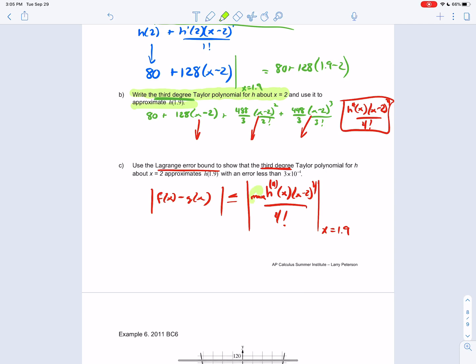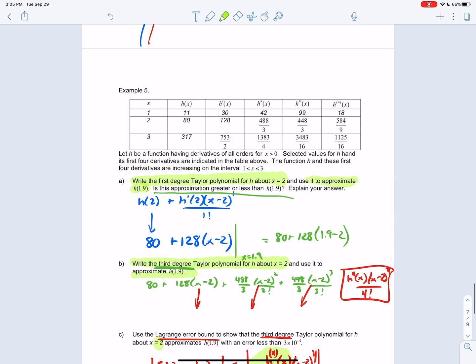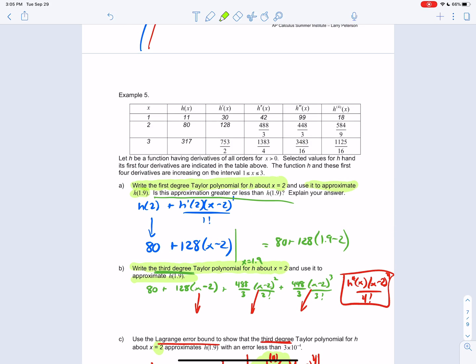Now this is probably the trickiest part. How do you find the maximum of the fourth derivative when you're really close to 2? So let's take a look at our table. Our fourth derivative, when we're really close to 2, okay, what do you guys think it's going to be? Think about that. Press play whenever you're ready. Okay, when we're really close to 2, it's 584 over 9.